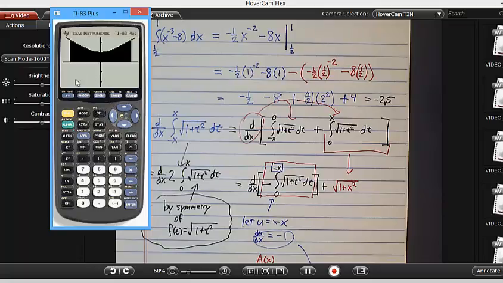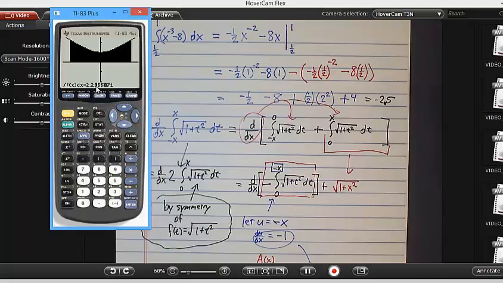Instead of integrating from negative x to x, here, let me do an example one more time. I will do an integration from negative 1 to positive 1. It says my answer is 2.295, so that's about 2.3.